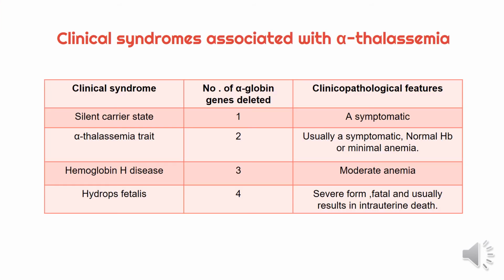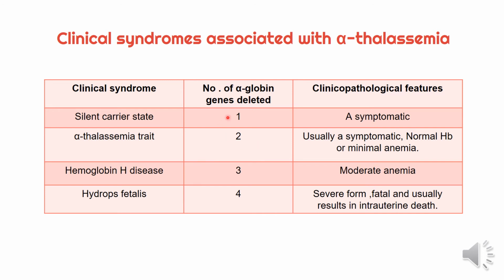So as a result, we have clinical syndromes depending on the number of the alpha globin genes deleted. If one gene is deleted, this will result in silent carrier state, and those individuals will be asymptomatic. They will have no symptoms.